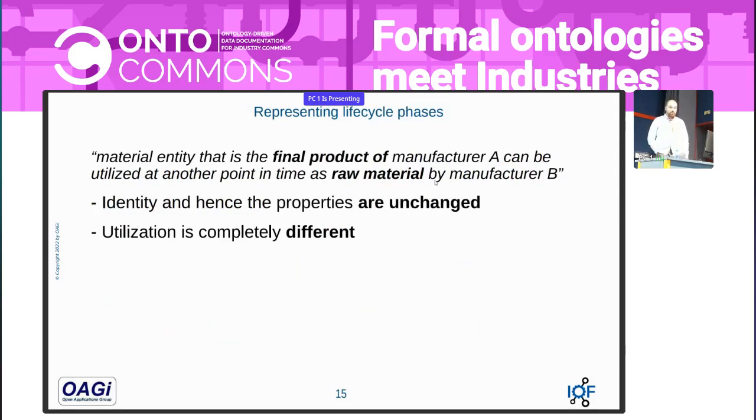Another important thing is to actually represent life cycle phases of entities, and this is a quick toy example: a material entity that is produced by one manufacturer and sold to another is utilized by that different manufacturer as a raw material. The problem here is that the material itself doesn't change, in other words, its identity and properties, but its utilization is completely different.